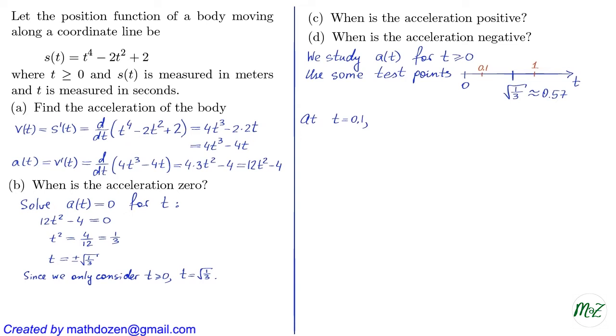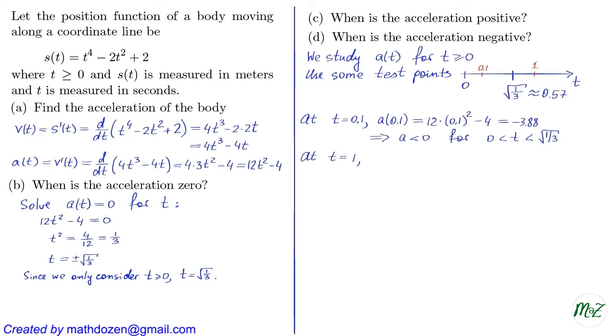So at t equals 0.1, we evaluate acceleration. We get 12 times 0.1 squared minus 4. We're using this formula for acceleration. And we end up having negative 3.88. So at this point, acceleration is negative. So since acceleration is never 0 between 0 and square root of 1/3, acceleration is going to be negative everywhere for time between 0 and square root of 1/3.